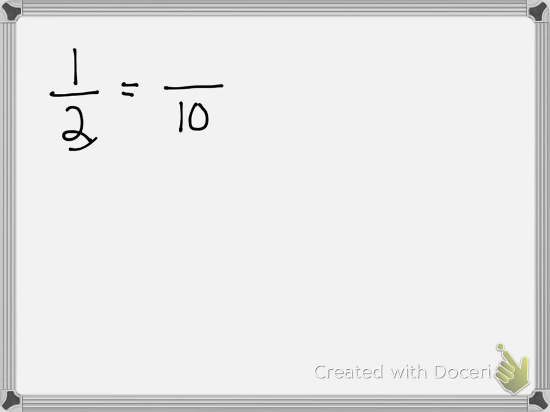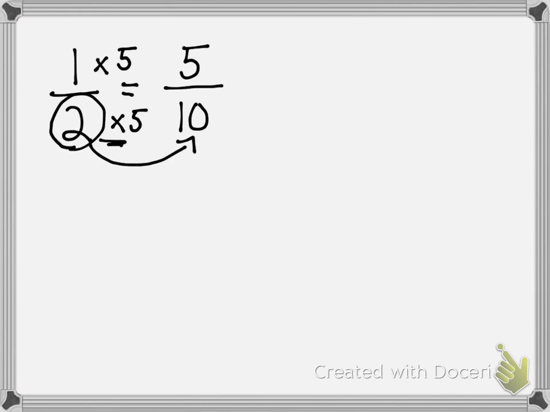What can I do to 2 that I'll get 10 as an answer? We can multiply it by 5. And like we've done in the past topics, whatever we do to the bottom, we have to do to the top. Whatever we do to the top, we have to do to the bottom. So there's our equivalent fraction, 5/10.